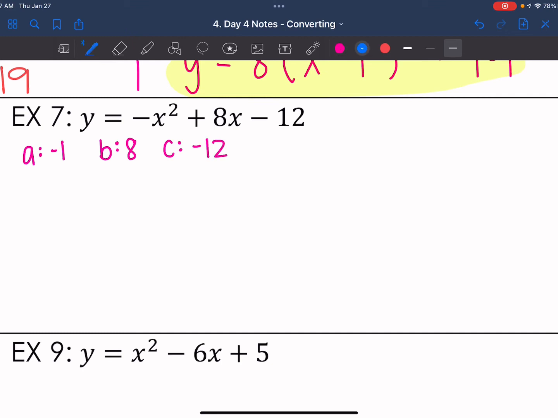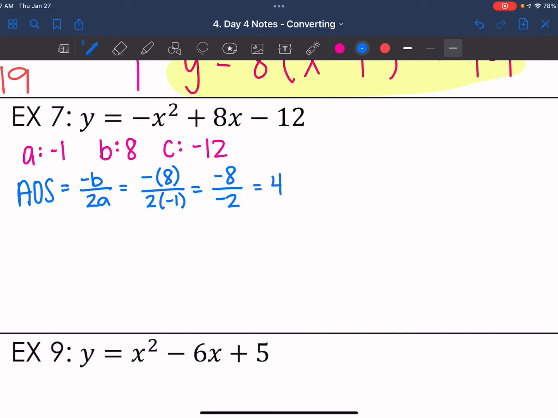Next step is to find my axis of symmetry using the formula -b over 2a, where b is 8 and a is -1. So we have -8 over -2, which gives me +4 for my h value.